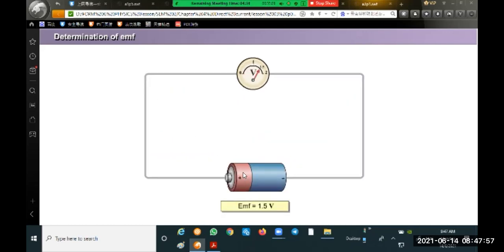As we learned in the previous chapter, when the battery is connected directly to a voltmeter without any electronic device along the connection wire, the reading obtained by the voltmeter is the EMF, or maximum voltage, produced by the battery.